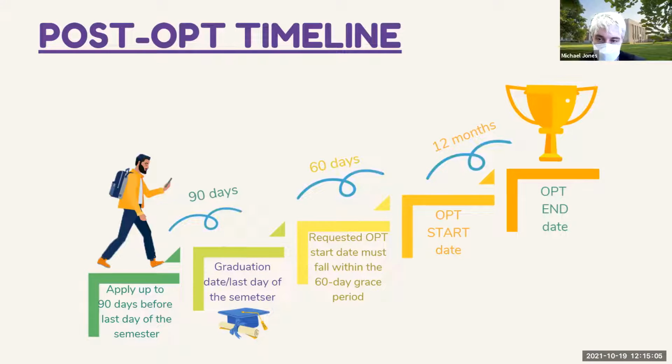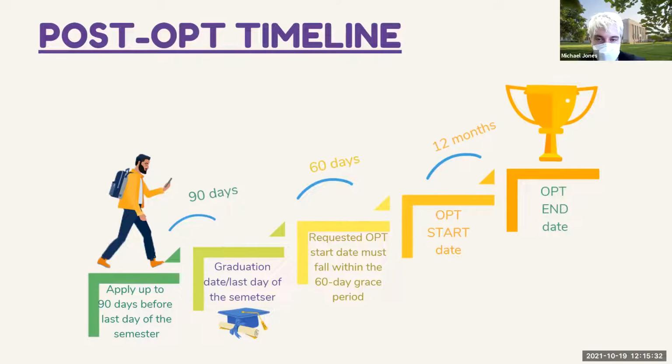So the earlier you apply, the earlier you can be approved. So you can apply 90 days before graduation or the last day of the semester. But remember, if say you're really stressed, you do have 60 days to apply after that. And then your OPT start date must be within that 60-day period. So it can be any day within that period.